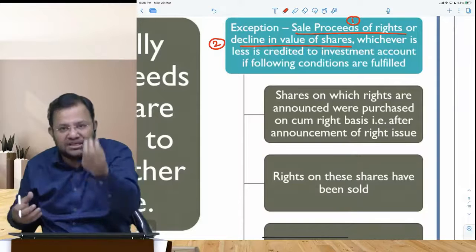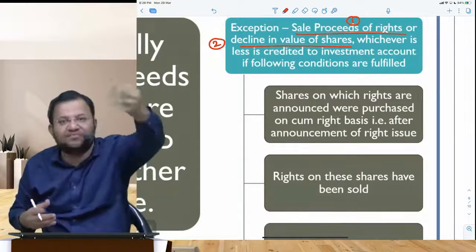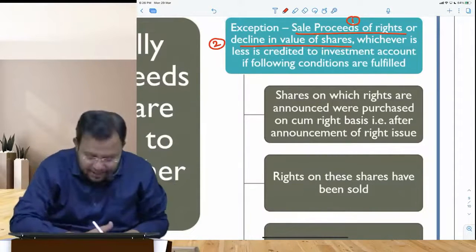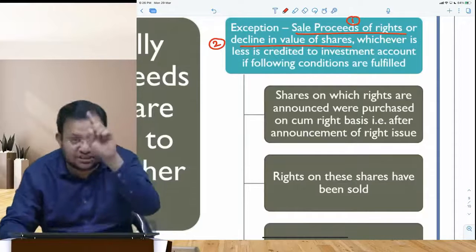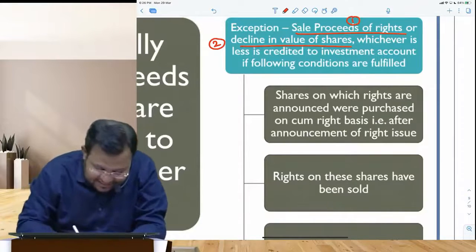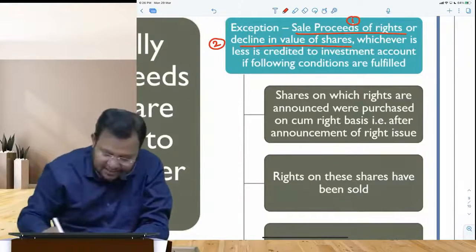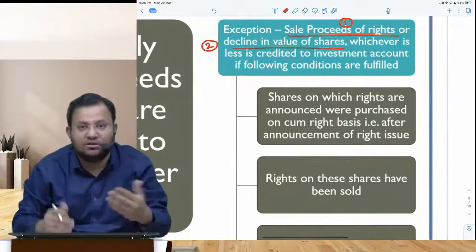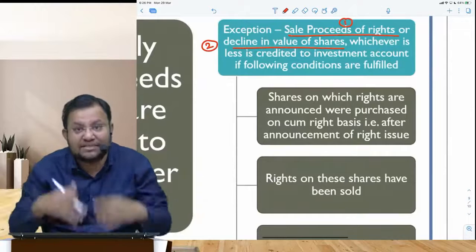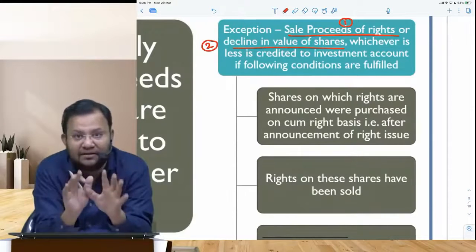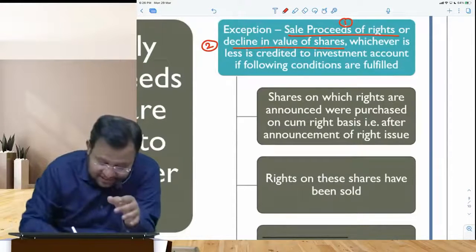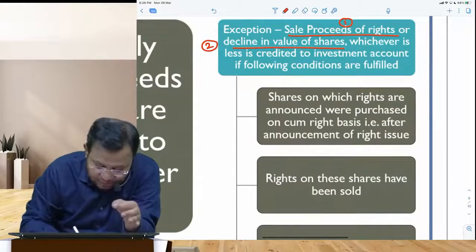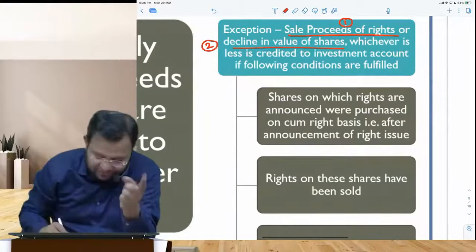Right issue generally is at a lower price than the fair price of the shares. So you have to find the decline and the sale value, lower of the two. But if there is no decline, this exception does not apply. Whichever is lesser is credited to investment account if additional conditions are fulfilled.